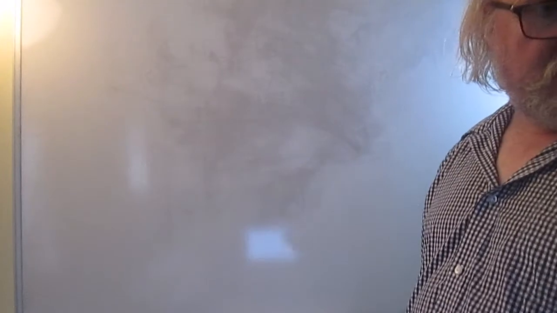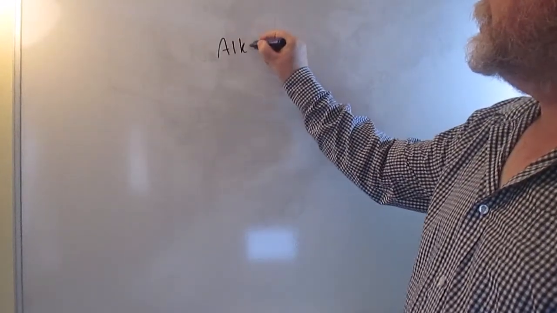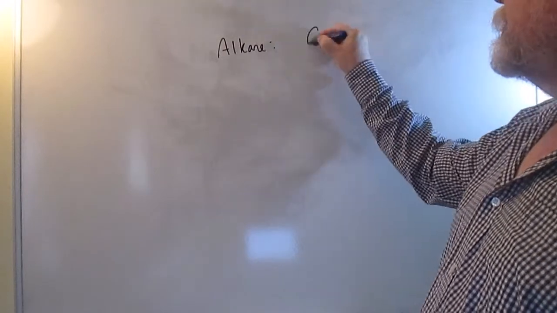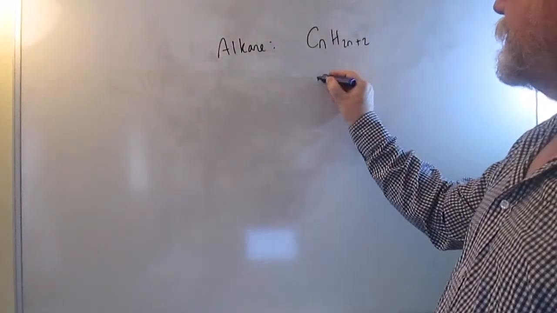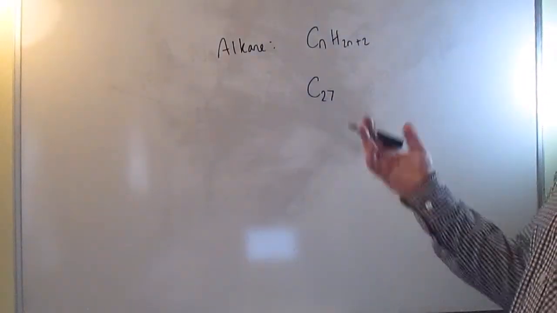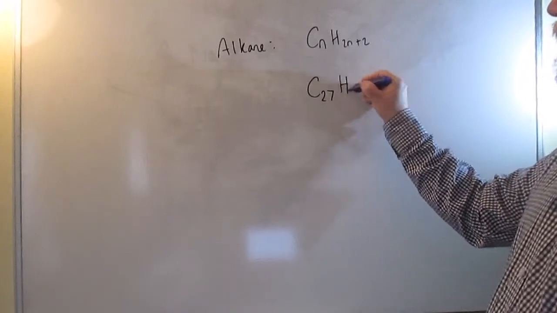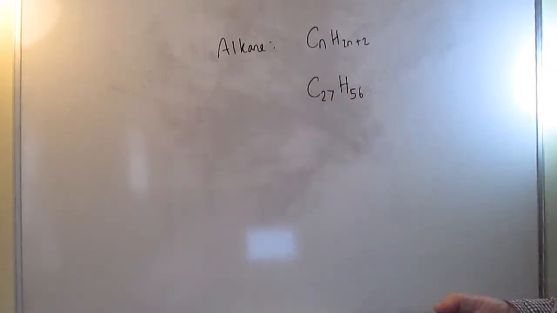Okay, question 6. You have to remember that if you have an alkane, the general formula is CnH2n+2. So if we've got 27 carbons, which is what it tells us cholesterol has, if it were an alkane, it would have 2 27s of 54 plus 2 is 56.